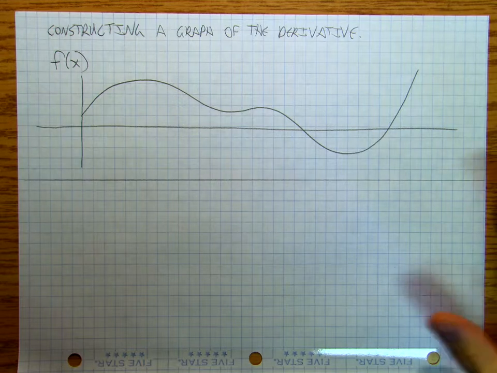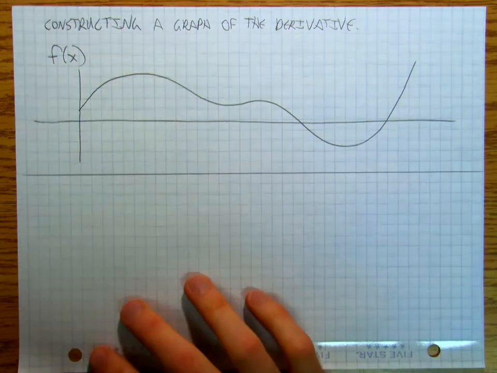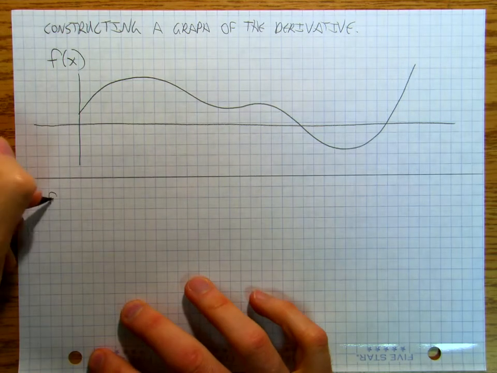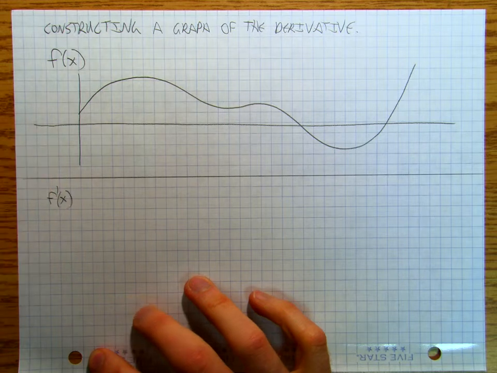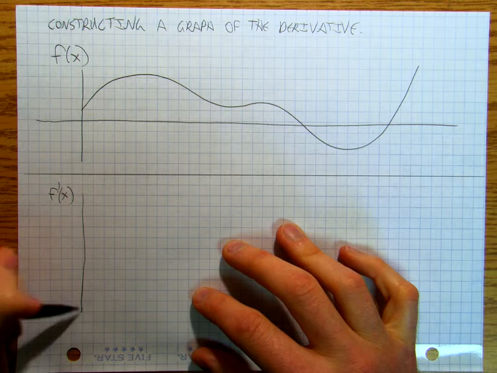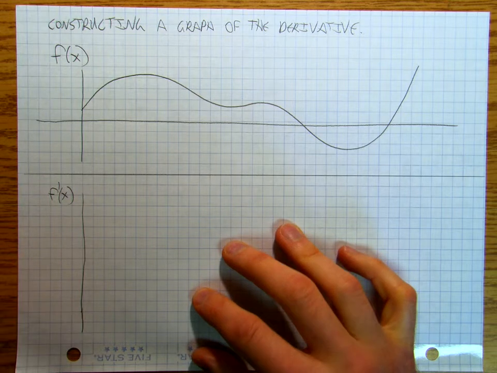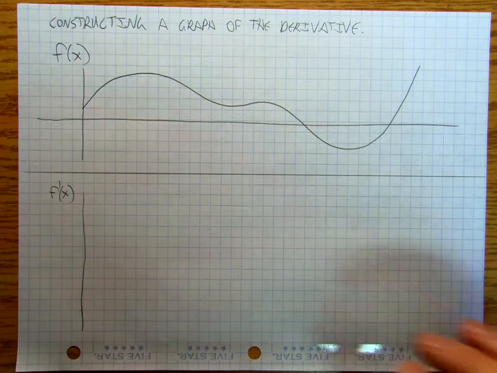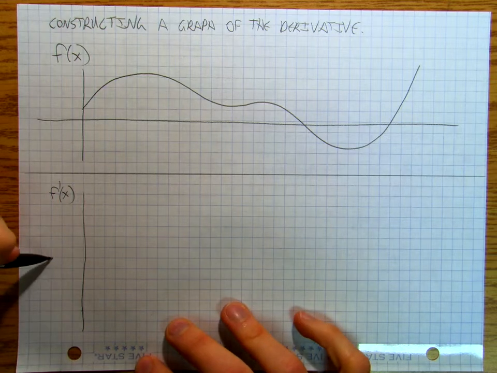Okay, and so then what we're going to do is down here, we're going to graph f prime of x. We're going to make the axes the same, and I'll just freehand it here.